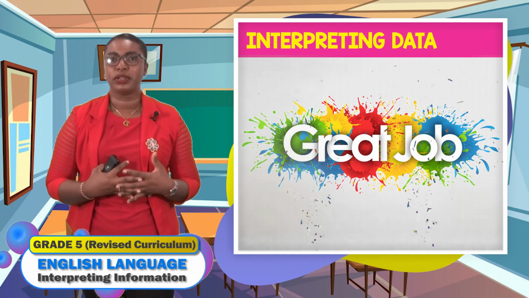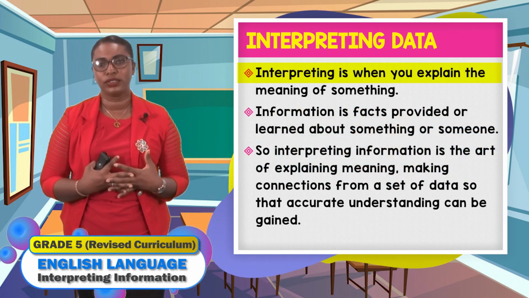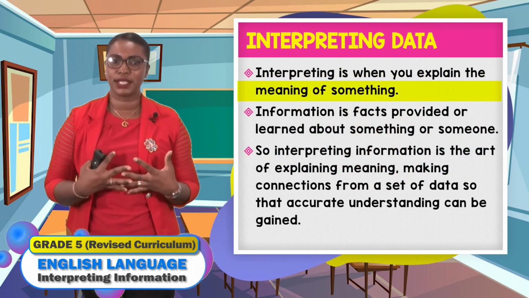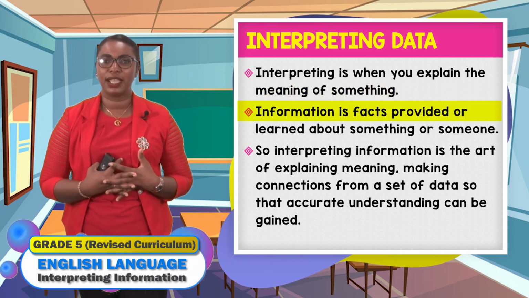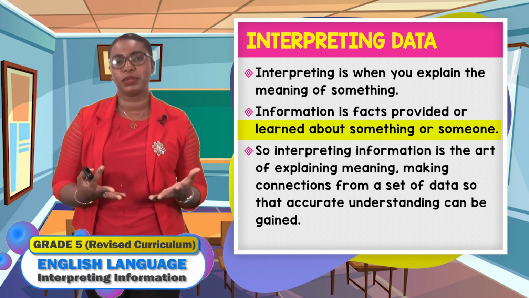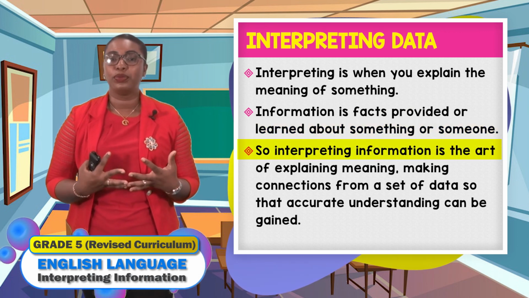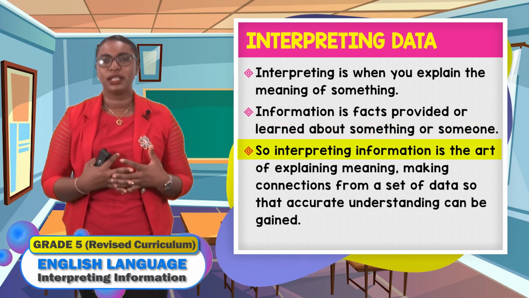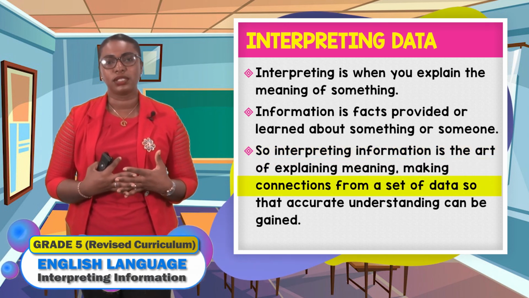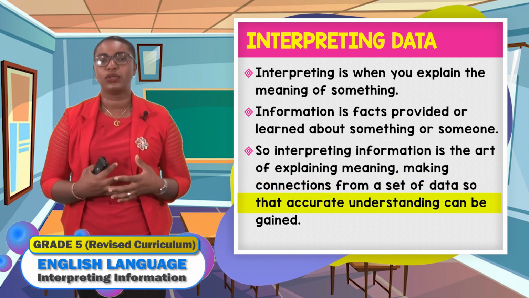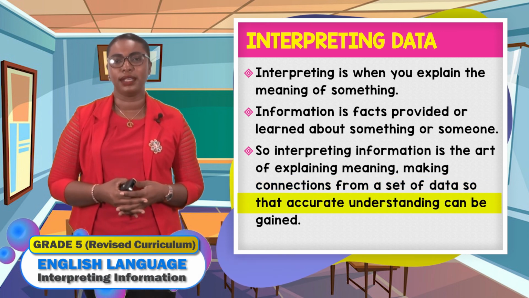Now remember, interpreting is generally explaining the meaning of something. Information is facts that we provide or learn about something or someone. So when we interpret information, it is the art of explaining the meaning or making connections from a set of data so that accurate understanding can be gained.